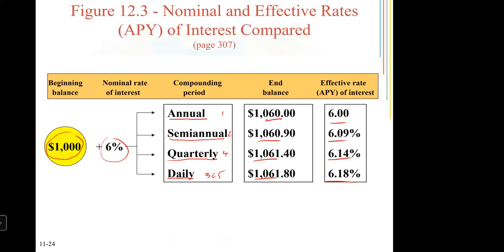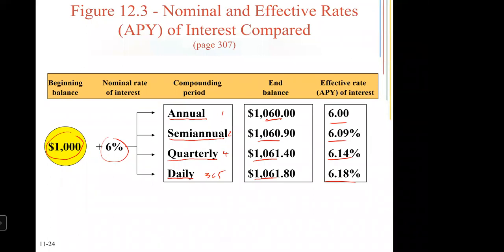That you earn more quarterly and daily. Okay, the more frequently you compound, what happens? The more interest you get, and the higher the effective rate.